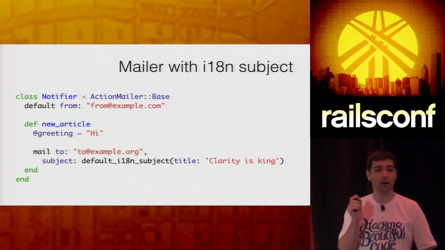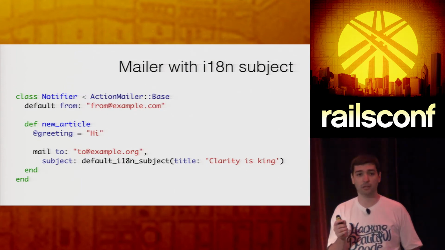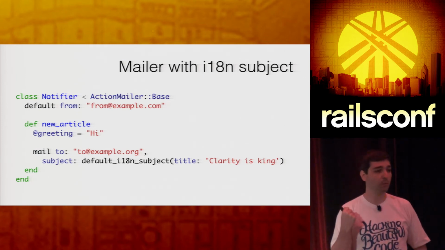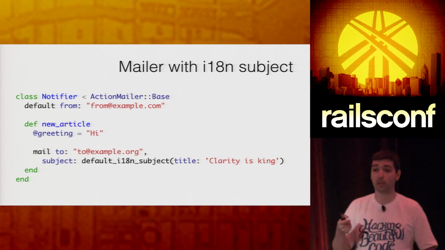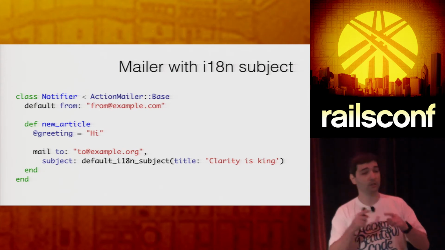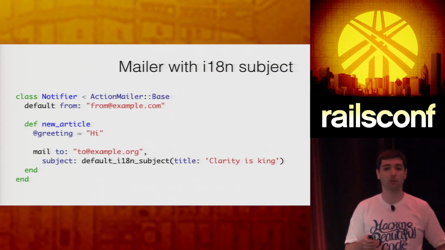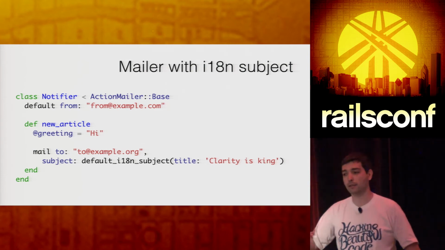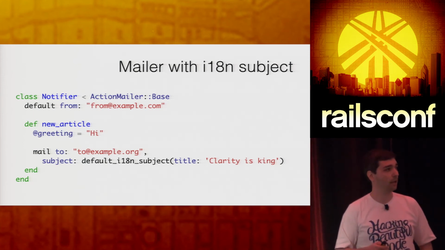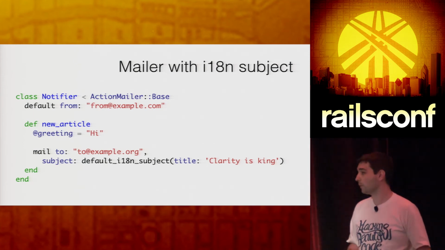Rails has this default_i18n_subject method, which always existed, but it was private before, and now it's protected, so you can actually use it. It's part of the API. And you can just pass in the interpolation variables you want, so you don't need to manually call I18n to translate that. You can just use the Rails method for that. And this is going to just work. Right?